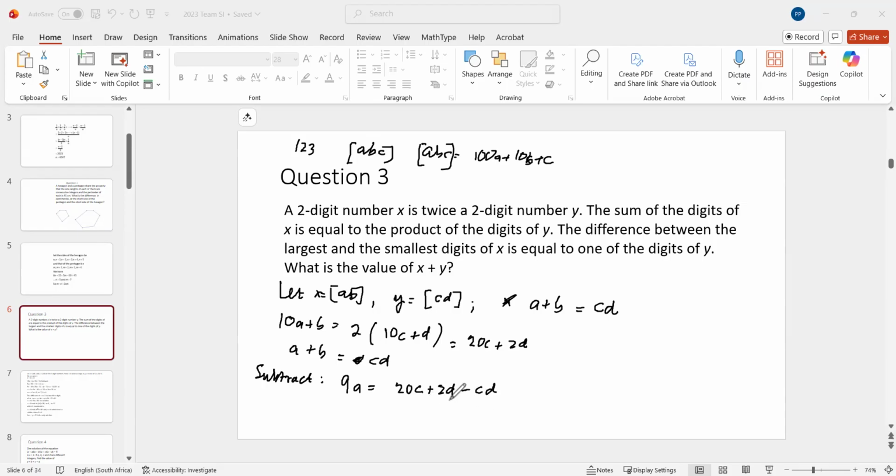Now, this kind of expression here with a C and a D and a CD, often there's a way of tackling these problems. What you do is you remove the C or the D from the CD term and another term. If I take C, for instance, I can say this is 20C minus CD plus 2D.